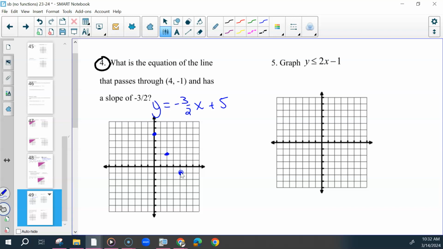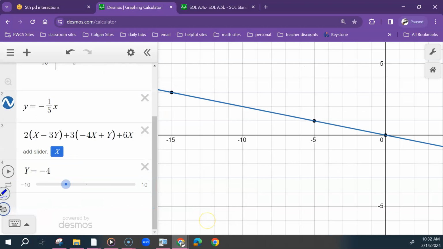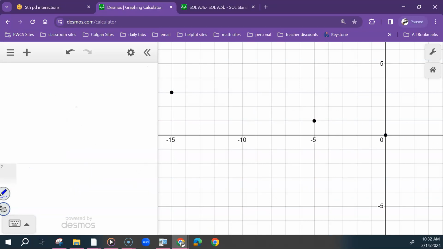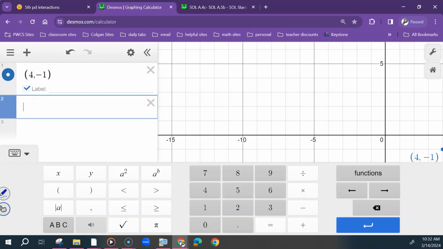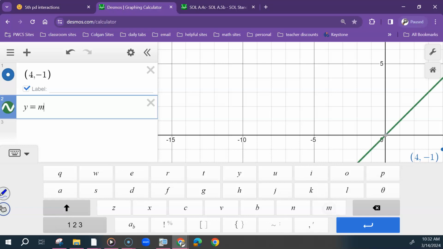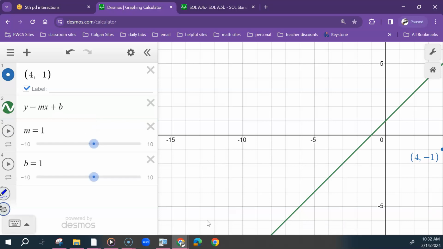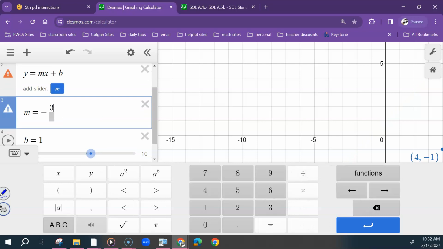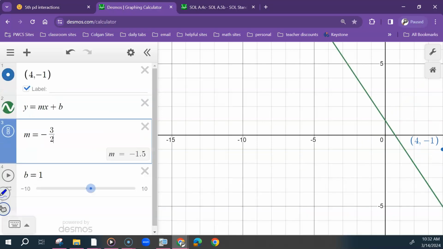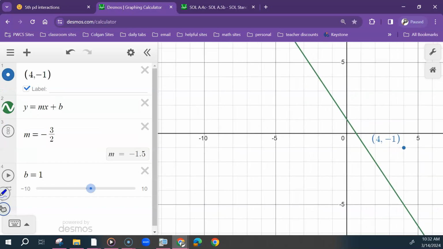You could have also done that in Desmos by putting in the point, typing in your y equals mx plus b, adding sliders for everything, changing your slope to -3/2, and then moving your slider until it goes through that point.